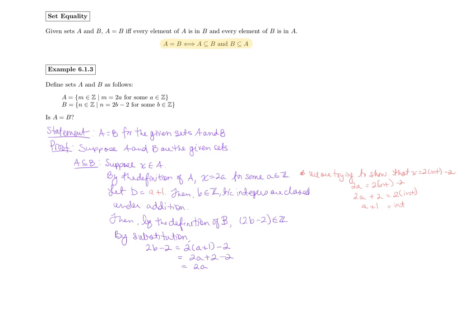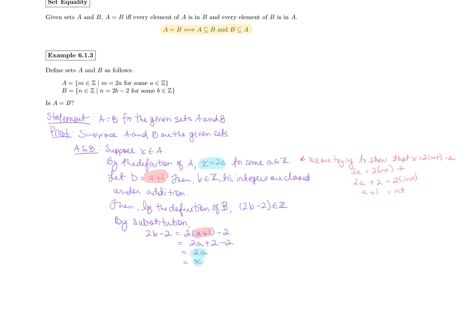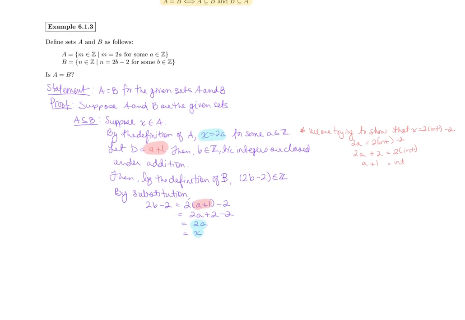And what did we say was equal to 2a? That's right, we said that was x. So from back here, we pulled in the x equals 2a, and from our a plus 1 here, we pulled it in there. So now we have just shown that x is also in set B.